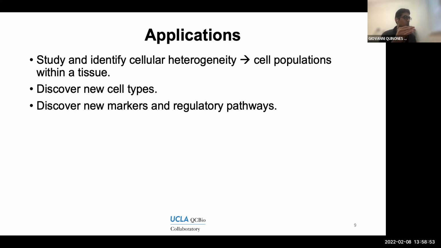And so while trying to identify new types of cells or new cell populations, you also run into a particular set of genes that make this cell unique. This particular set of genes may be involved in a regulatory pathway, or by definition is what we'll consider marker genes. Genes used to identify different cells.